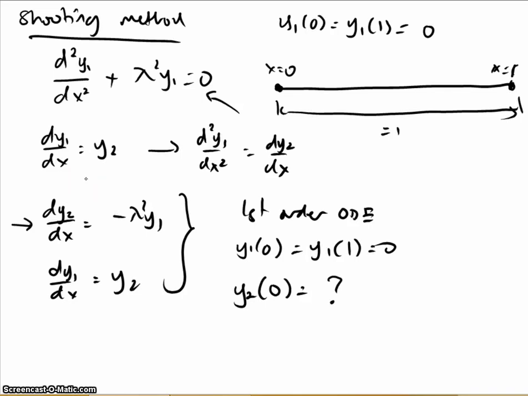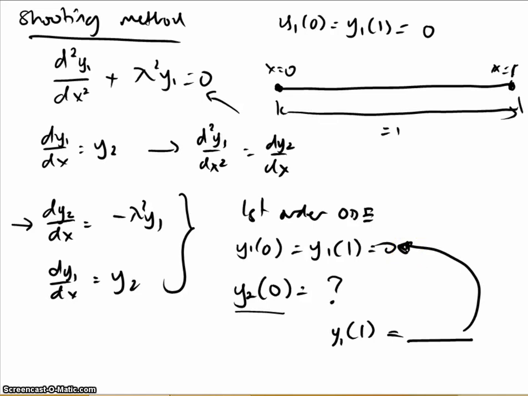If you remember from the previous lecture, what we do with the shooting method is we make guesses for what y2 is, and then we solve it to find the value of y1 at 1. We see if this value that we calculate matches the value that is given by your problem.